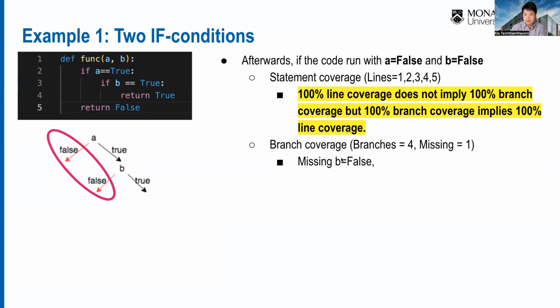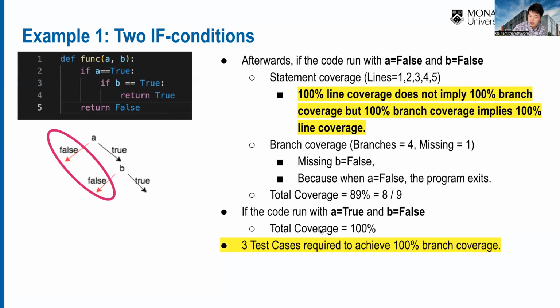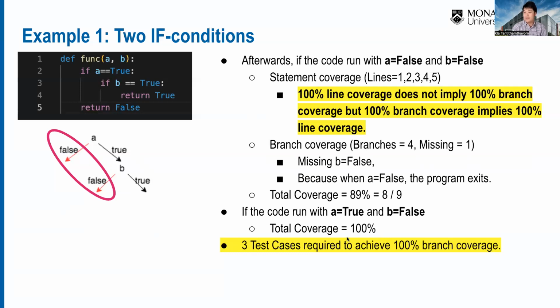So that's the branch coverage. We are still missing B equal false. That's why we need another test case, A equal true and B equal false, and then we will achieve total coverage of 100%. So in this case, do we need 4 test cases or not? No, we just need only three test cases to achieve 100% branch coverage and the line coverage.